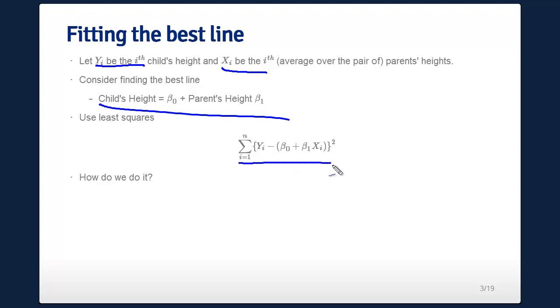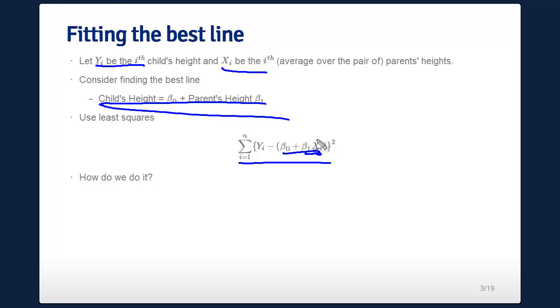If this was the regression line, remember that a regression line only takes two parameters to describe, a slope and an intercept.